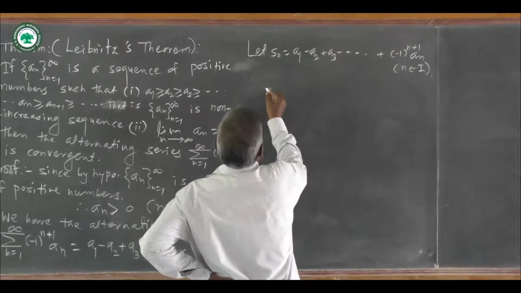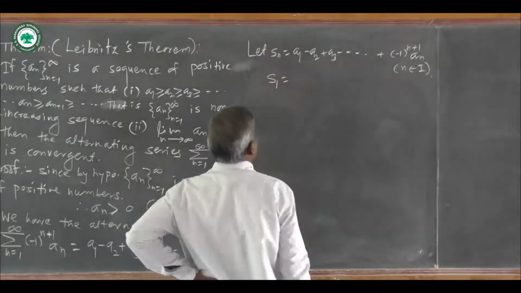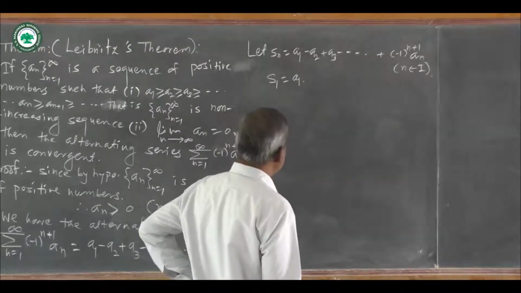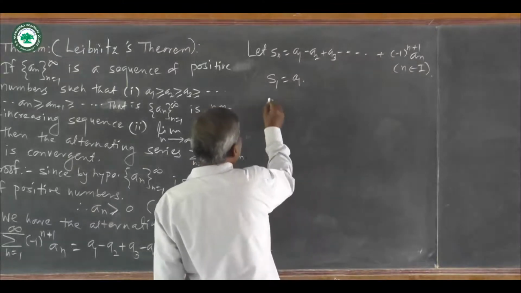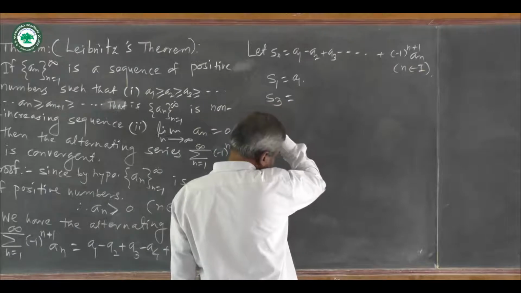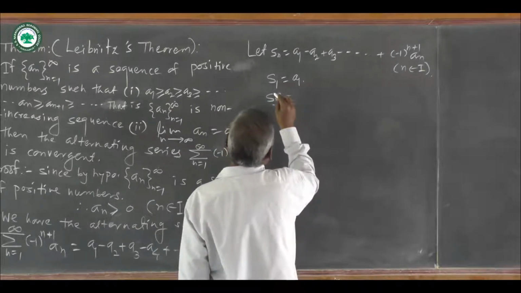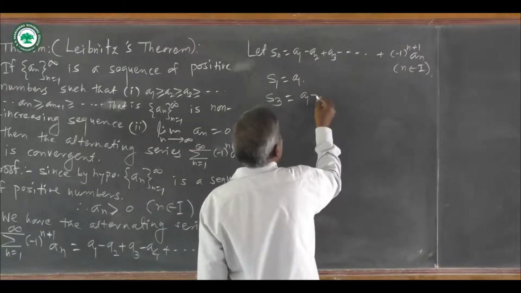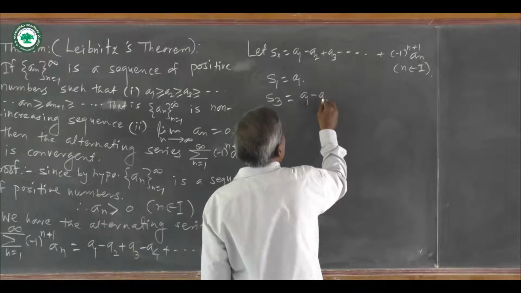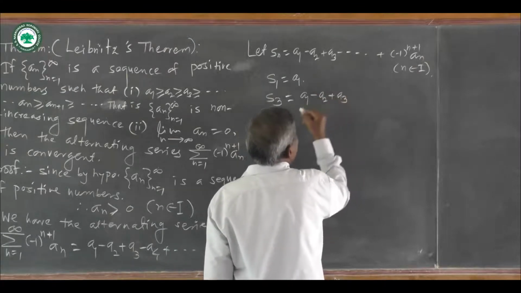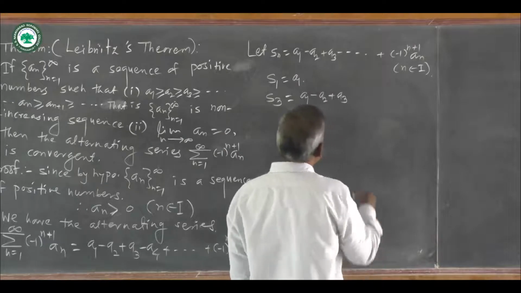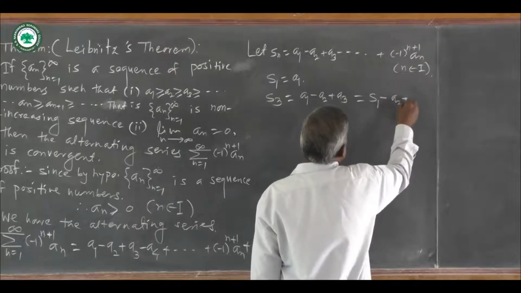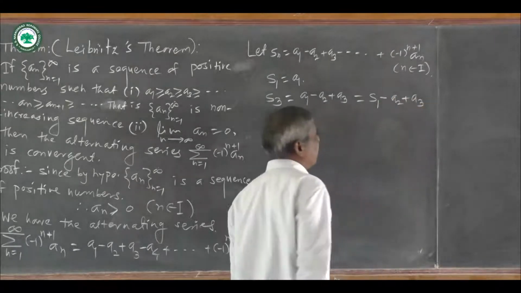Now we write S1. S1 is the sum of the first term, which is equal to a1. Now we write S3. S3 is equal to the sum of the first three terms of the series, a1 minus a2 plus a3, which is equal to S1 minus a2 plus a3.